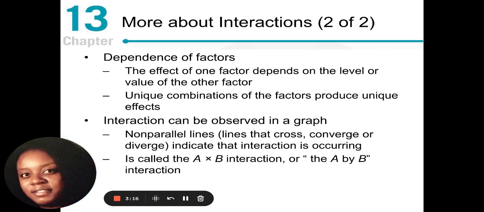When it comes to the dependence of factors, the effect of one factor depends on the level or value of the other factor, and those unique combinations of the factors produce unique effects. The interaction can be observed in a graph, and those non-parallel lines that cross, converge, or diverge indicate the interaction is occurring. And that's also called the A times B interaction or the A by B interaction.